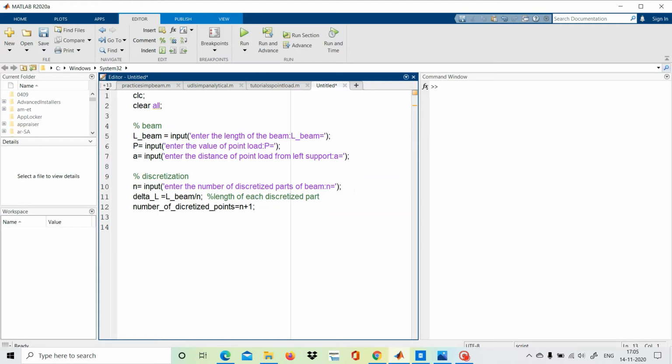Now we will write the coordinates. What is the coordinate?